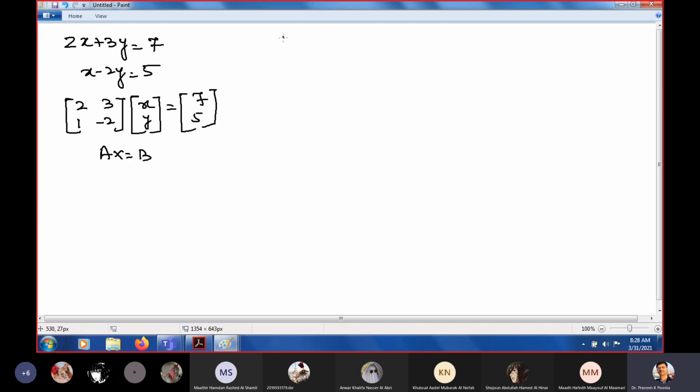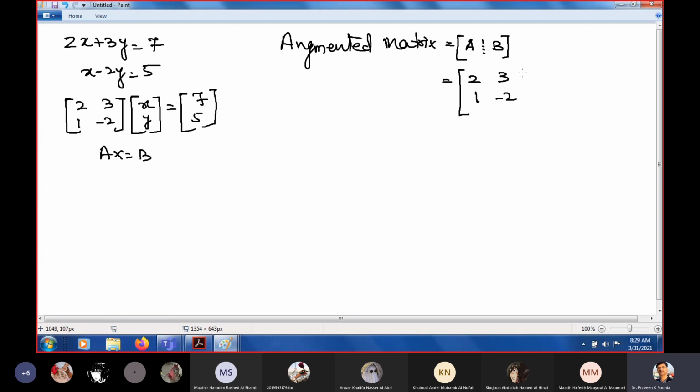Then we write the augmented matrix. What is an augmented matrix? The augmented matrix is the combination of the 2 matrices A and B. So A is 2, 3, 1, minus 2, divided by a dotted line, 7, 5. This is A and B grouped together. Clear? Now what do we need to do?